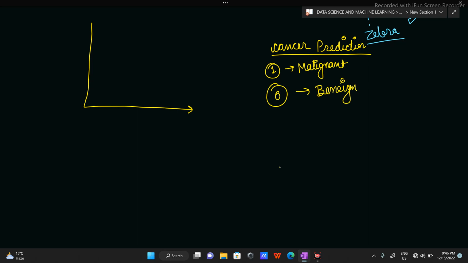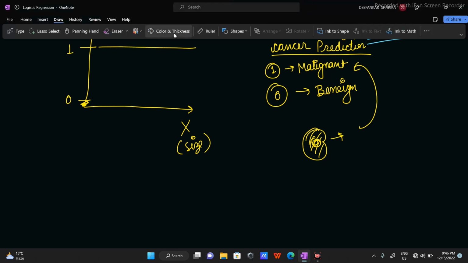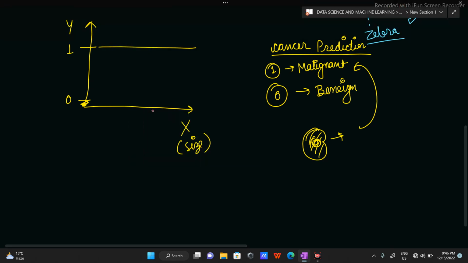So we have cancer cells, but when they exceed a certain size, they start getting malignant. On the x-axis, I'll say this is the size of the cell, and on y, I'll have two outputs, 1 and 0. And my data would look something like this.